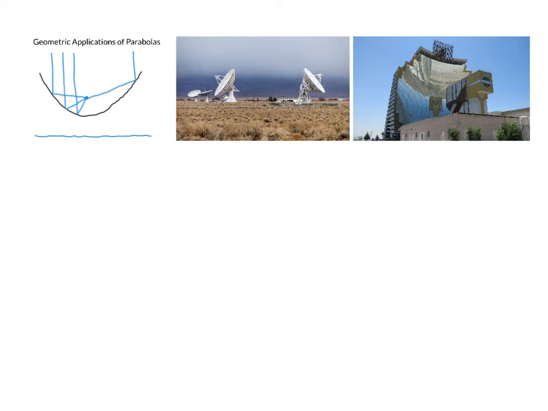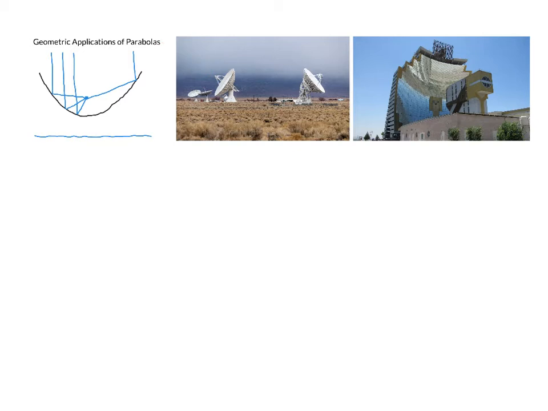Now, because of this reflective property, parabolas are used in many real-life situations where we need reflections to happen in certain ways. And the most common example of this is actually a satellite dish. Satellite dishes on Earth are generally pointed in the direction of a satellite that's orbiting Earth.